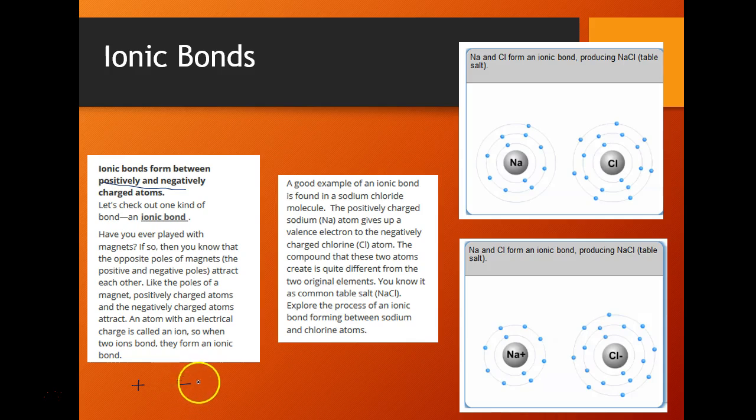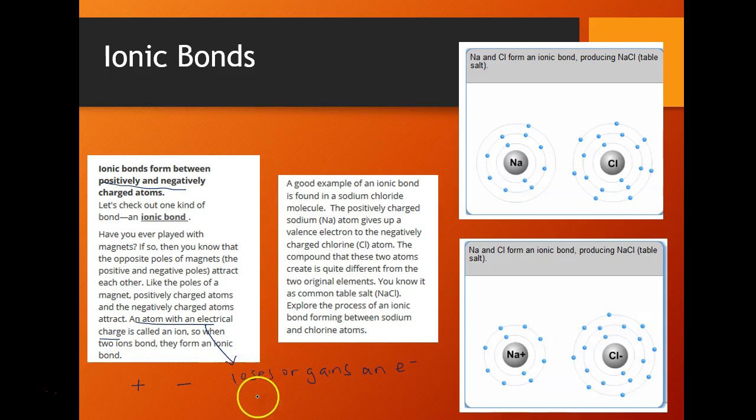So opposites attract. Remember, we went over in the last lesson what an ion was. And an ion is basically an atom with an electrical charge. And how an atom actually gets an electrical charge is if it either loses or gains an electron.